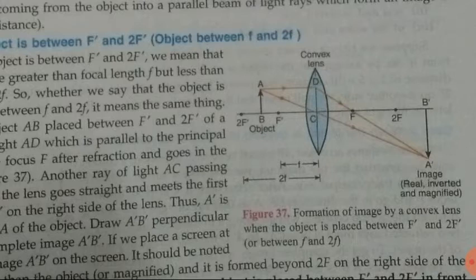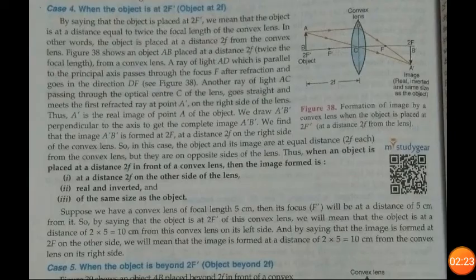Both the rays are meeting at a point on the right hand side beyond 2f, and because both the rays are meeting below the principal axis, one inverted image is formed. Both the rays are actually meeting here, so that's why the image is real, inverted and magnified. So this is the third case of formation of image in convex lens.